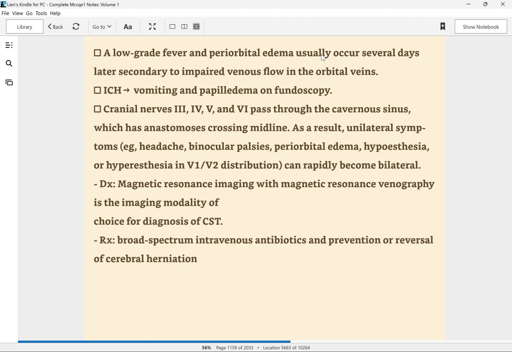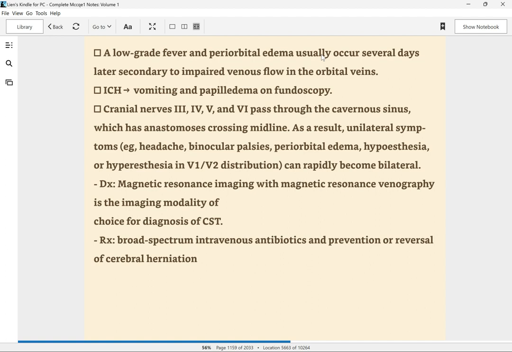As a result, unilateral symptoms, e.g., headache, binocular palsies, periorbital edema, hypoesthesia or hyperesthesia in V1/V2 distribution, can rapidly become bilateral. DX: magnetic resonance imaging with magnetic resonance venography is the imaging modality of choice for diagnosis of CST.